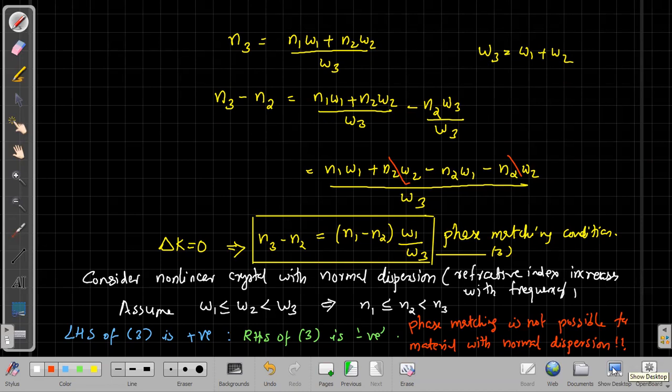The question is how to achieve this kind of phase matching condition. There are two different ways. One is to use a material which shows anomalous dispersion. And the other way is to use a material which shows double refraction, known as birefringence.